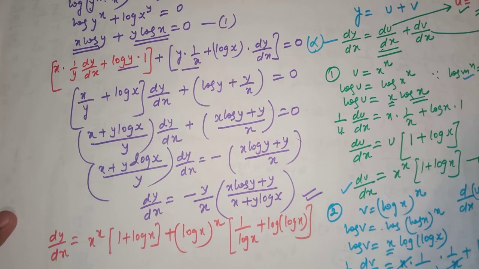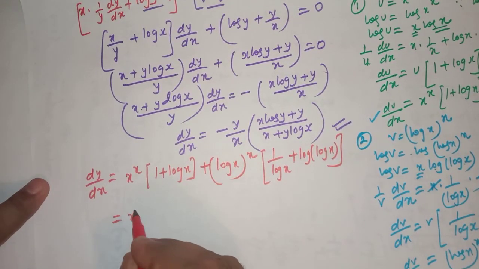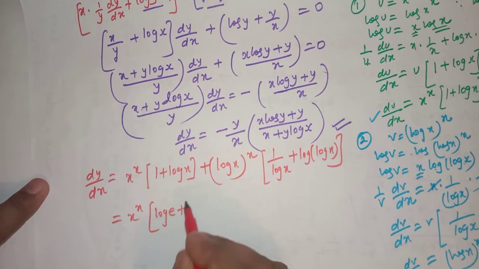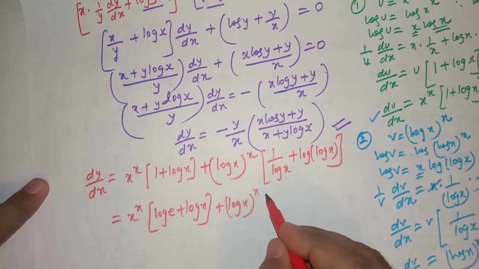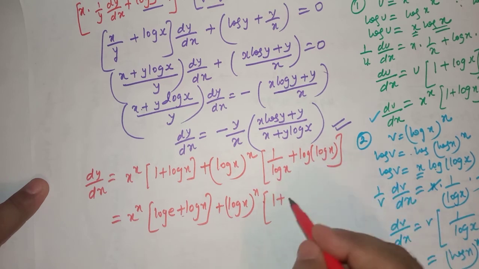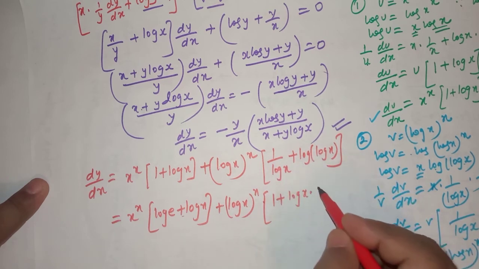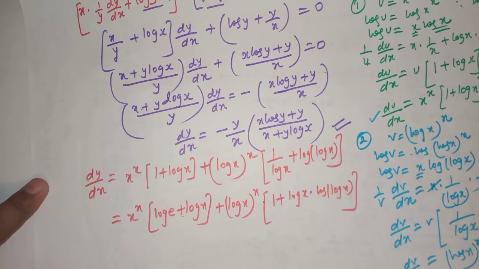Clear? Now we can further simplify this expression as x raised to x. Now 1 can be written as log of e, plus log x, and here we have (log x) raised to x, and here we have 1 plus, we'll take LCM here, log x multiplied by log of log x. Clear? And in the denominator we have log of x.